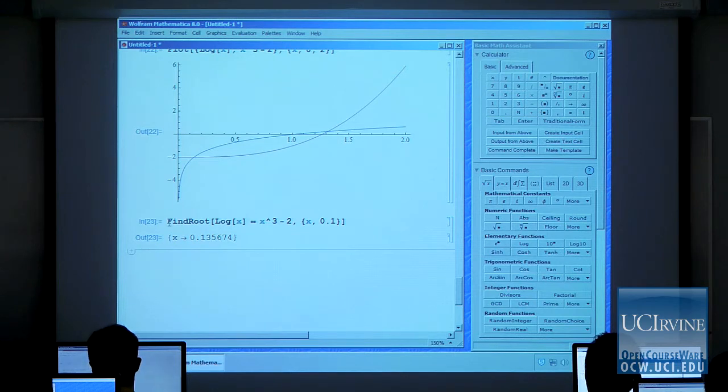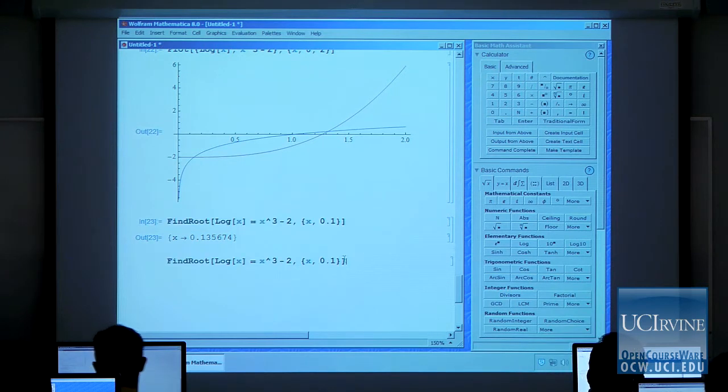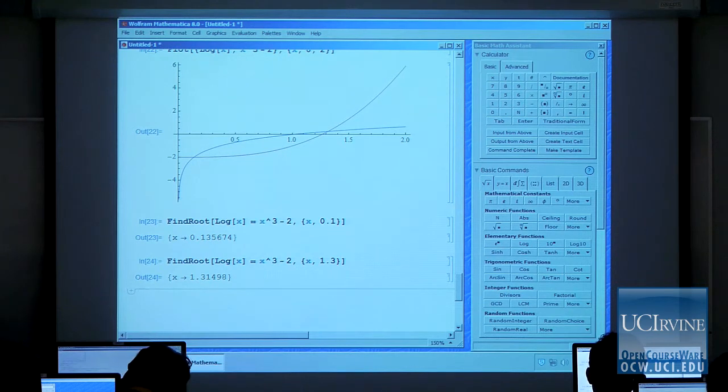And then the second one, let's put in 1.3 this time, and I get 1.31498.